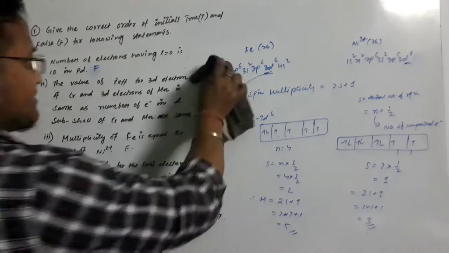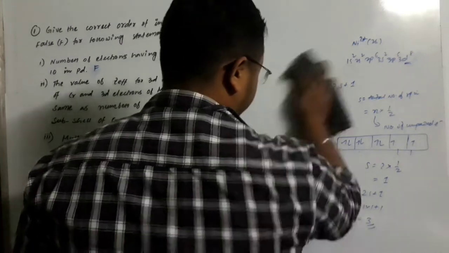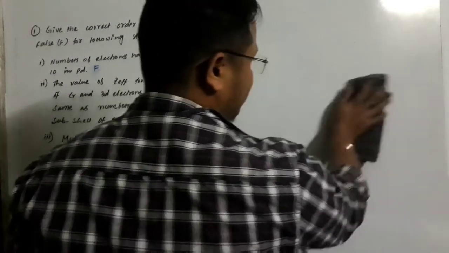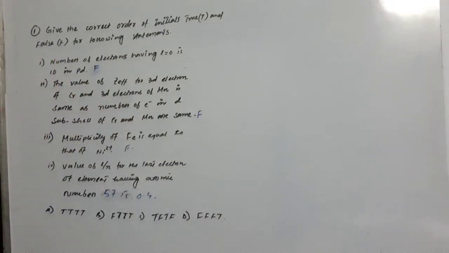Now let's examine this statement again, right? When we are considering 57, it is none other than the element called lanthanum.